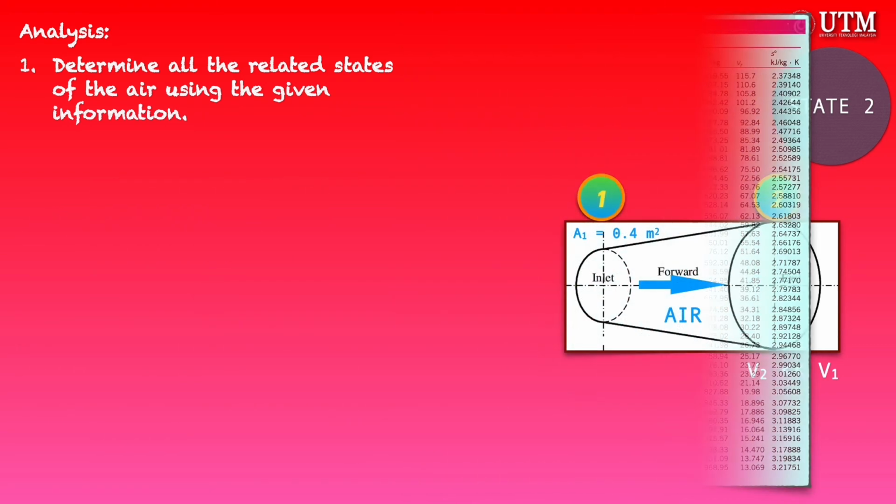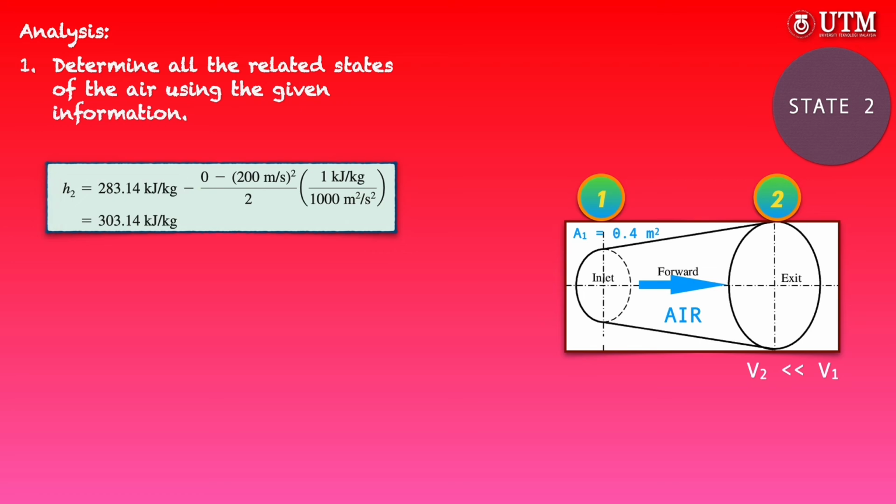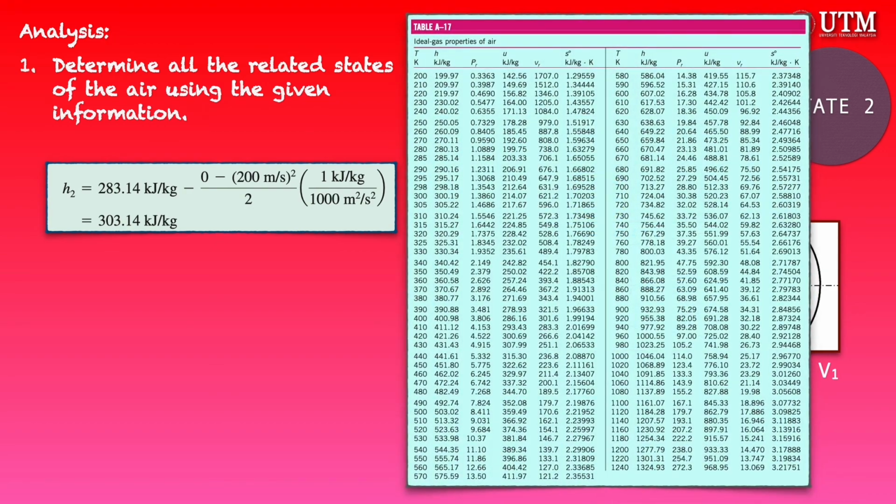Substituting the h1 value into the latest equation, h2 equals 304.14 kJ per kilogram. Based on table A17, the corresponding air temperature of h2 lies between 300 and 305 kelvins.